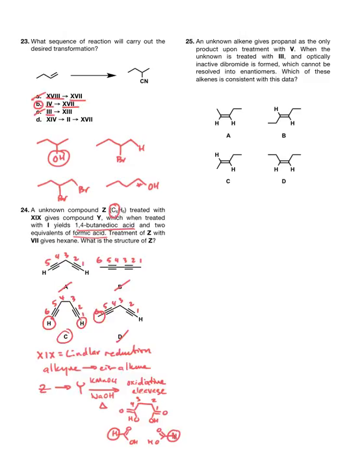An unknown alkene gives propanal as the only product upon treatment with 5, and that's ozonolysis. Remember, that's oxidative cleavage. So if you look at your choices, it's saying only propanal. So what is propanal?